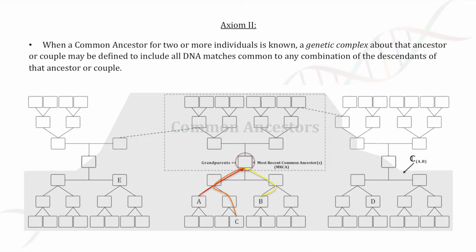In our diagram, this means that all member matches shared by any combination of individuals A, B, and C will be members of the genetic complex organized around their common ancestors, and that member matches D and E will only be included in this complex if they match two or more of A, B, and/or C.